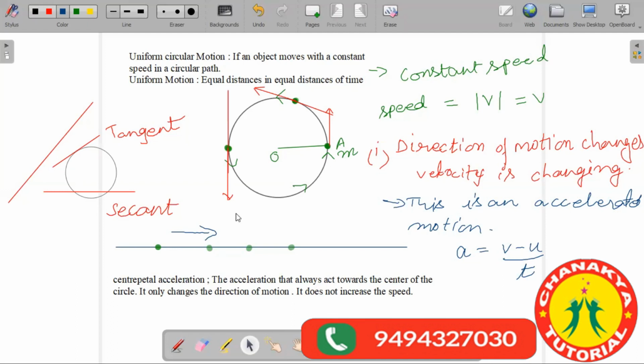Yes, sir. Got it. But there is a change of velocity, so there must be an acceleration. Now, the direction of acceleration is always towards the center. You cannot move an object in a circle without holding it at the center.